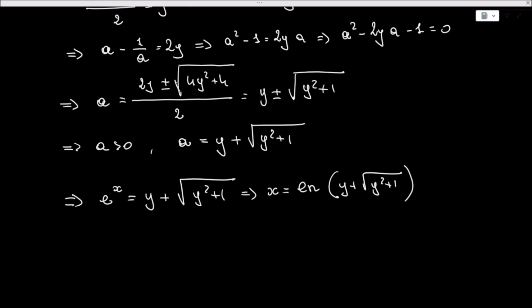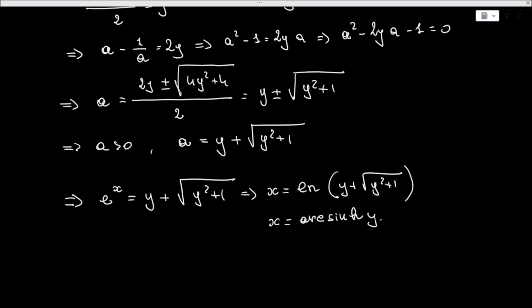But this x is exactly the inverse function that we were looking at, right? Remember that x is exactly the arc hyperbolic sine of y. Okay, so we have now an expression for the inverse function.